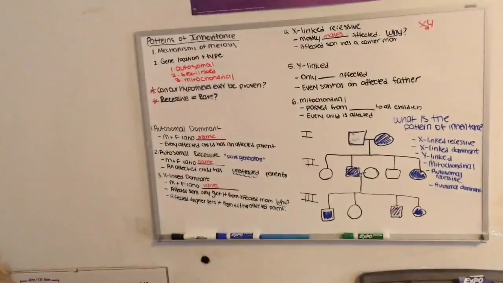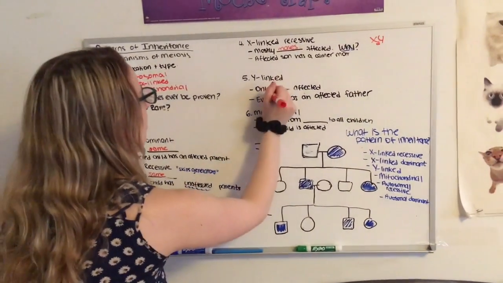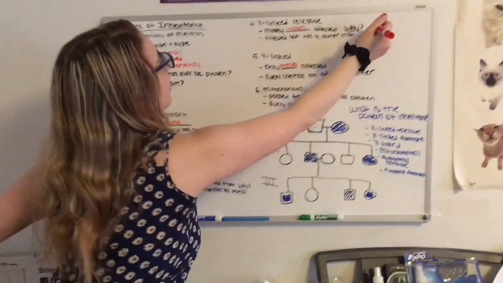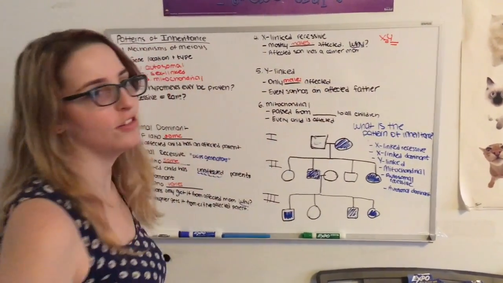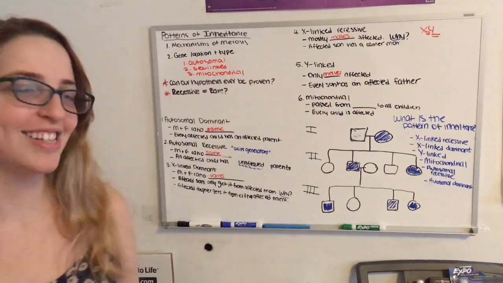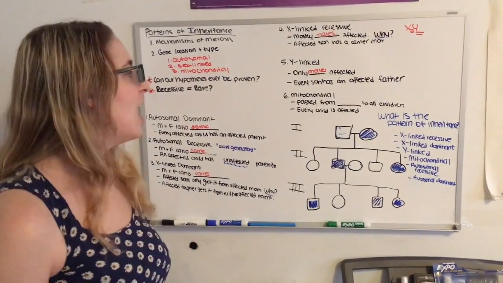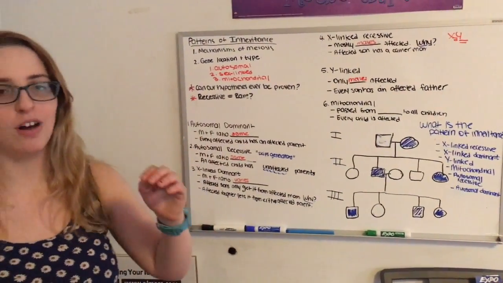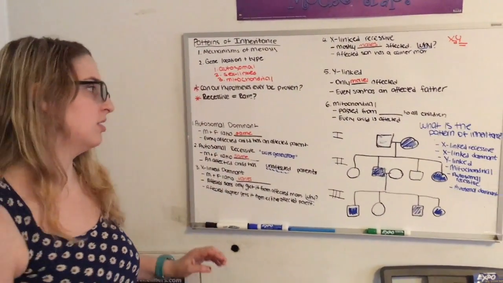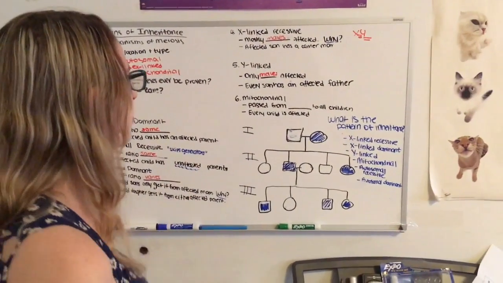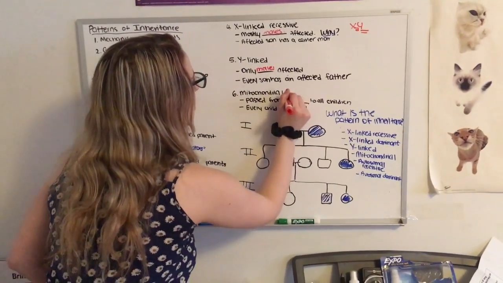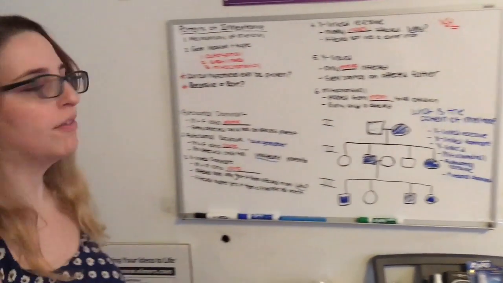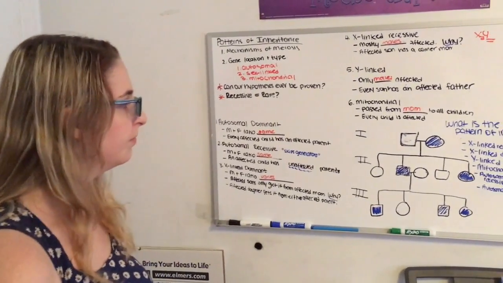For Y-linked, only males are affected, since it's on the Y, and girls don't have Y chromosomes, they're XX, as we know. Every son has an affected father, which means that they get it directly from their father, and it doesn't skip generations. Mitochondrial is passed from mom to all her children, and every child is affected.